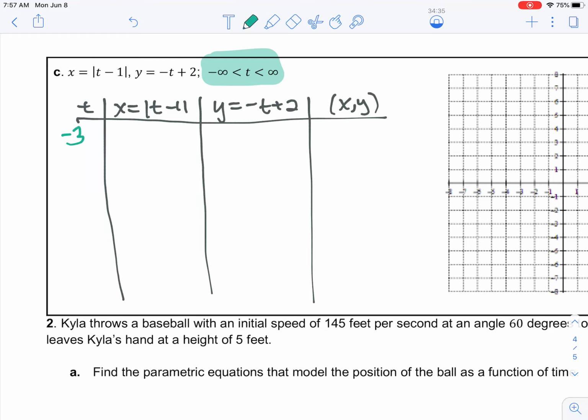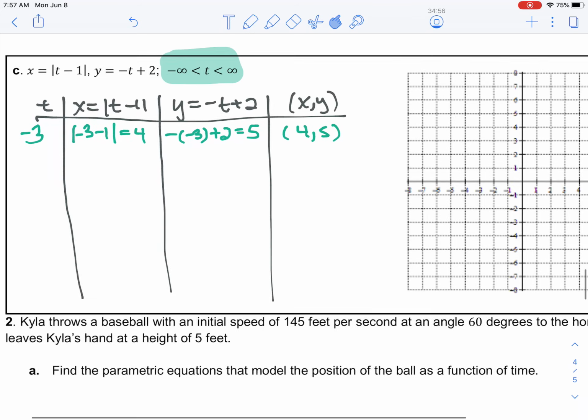So negative 10 seems a little bit too large. So why don't we try negative 3? If we do negative 3, we'll get an x value of negative 3 minus 1, which equals 4. We'll get a negative 3 plus 2, which is equal to 5. And that gives us the xy point 4, 5, which is a little bit more manageable to plot.